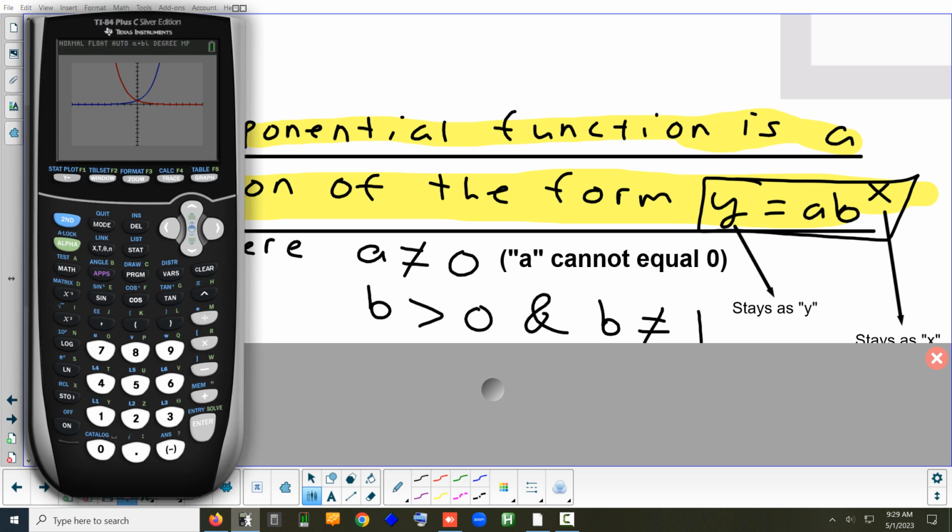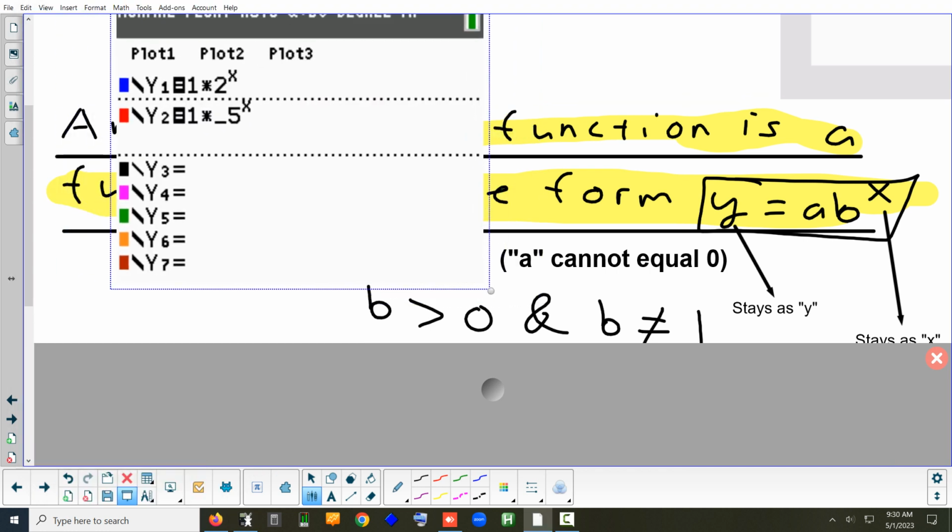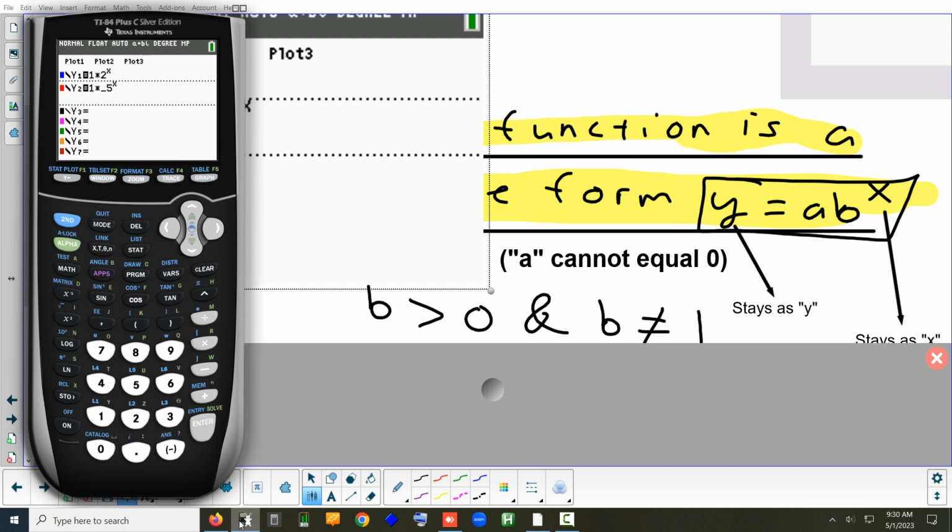So let's look at what I did here. And let me just put this in. And let's see if you guys can identify what a and b are in this formula.